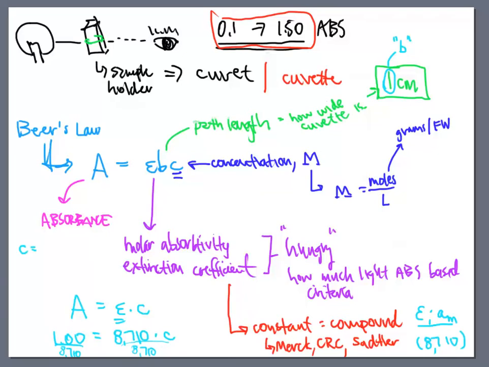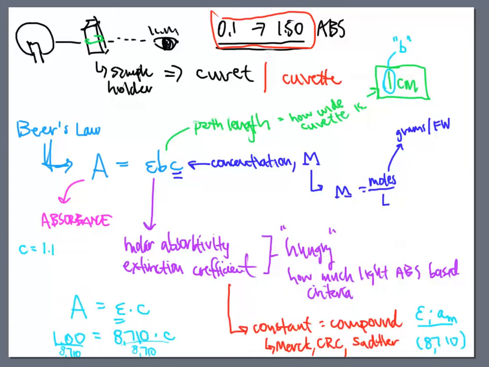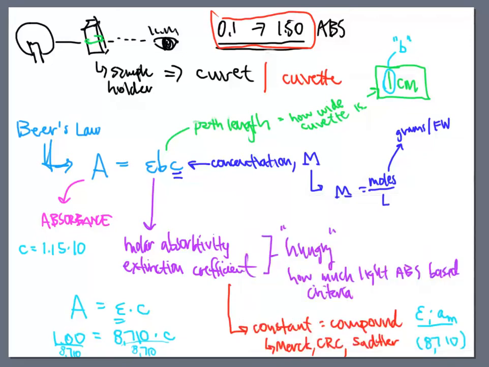So if I pull up the calculator here, and we'll do it together, I can take one absorbance, and then I'm going to divide that by 8,710, and I hit enter. The concentration that I need to make is 1.15 times 10 to the, look at this here at the very end, -4. And that is molarity.